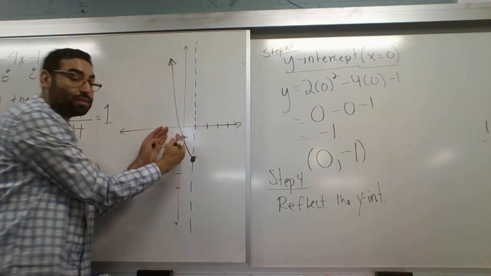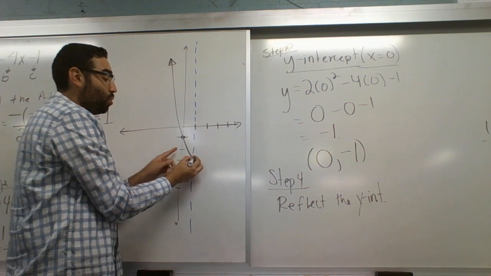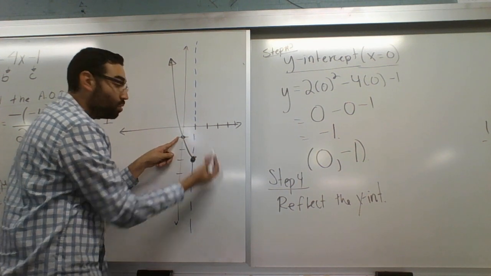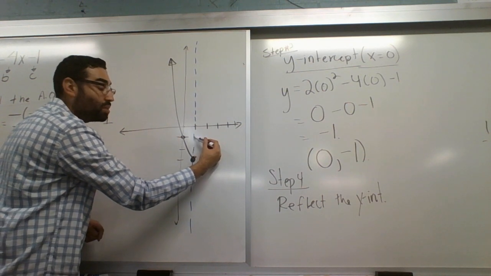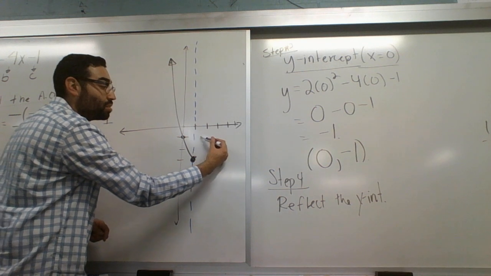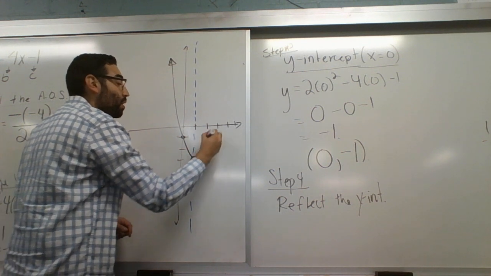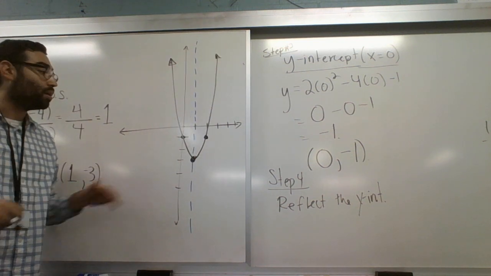I know that this is going to be reflected on the opposite side. So what I do is I take this point, from the axis of symmetry, it's going to go to the left 1, right? So symmetry says it's going to go the exact same distance to the right. So I just go 1 to the right. And there's my graph in standard form.